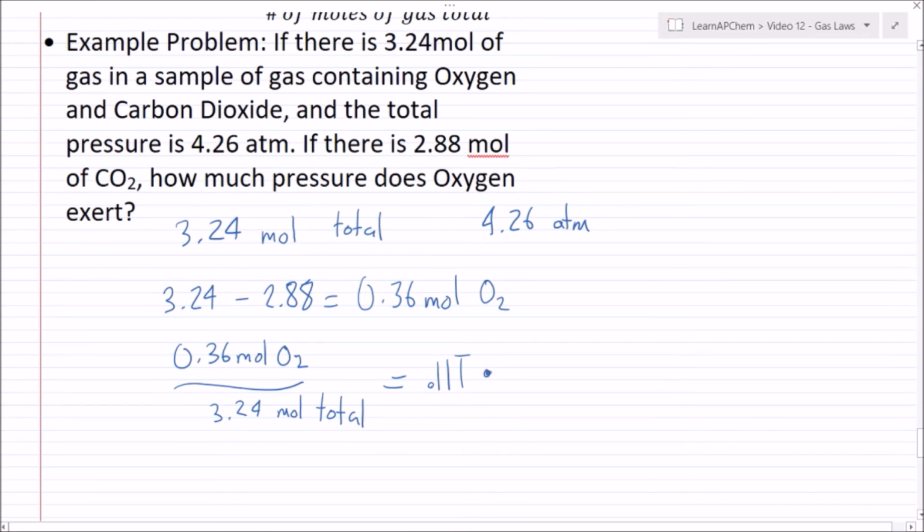And I can simply multiply that by my total pressure, and this is going to give me the partial pressure of oxygen, which is 0.473 atm.